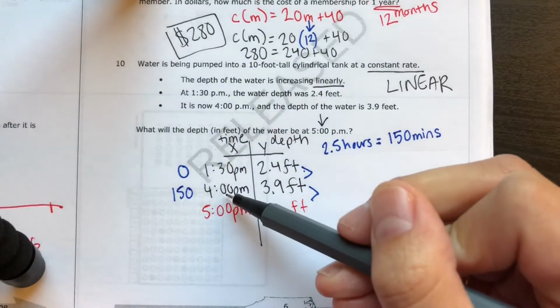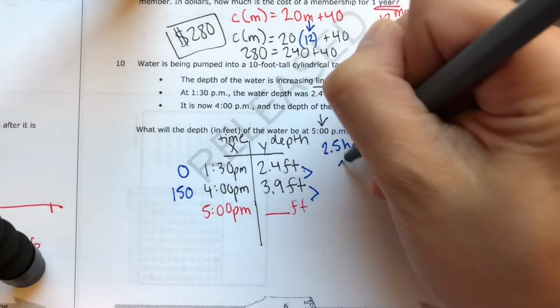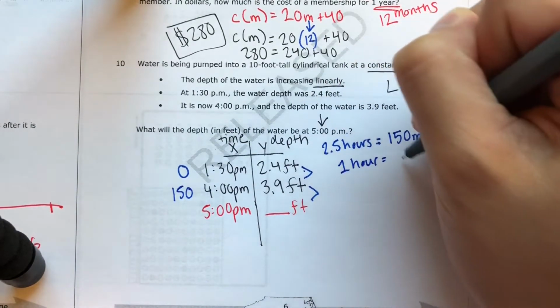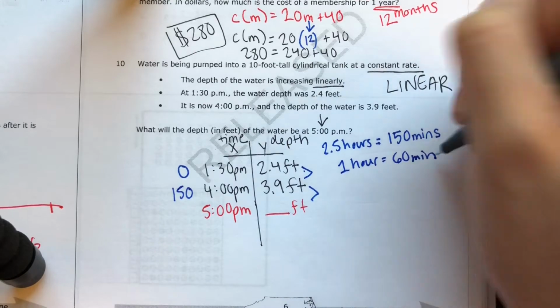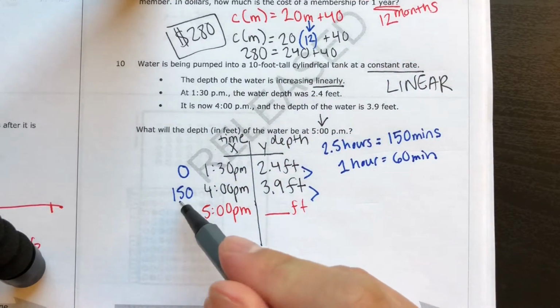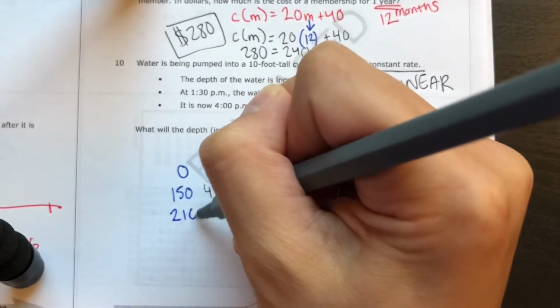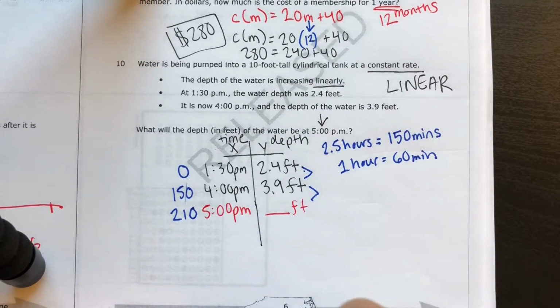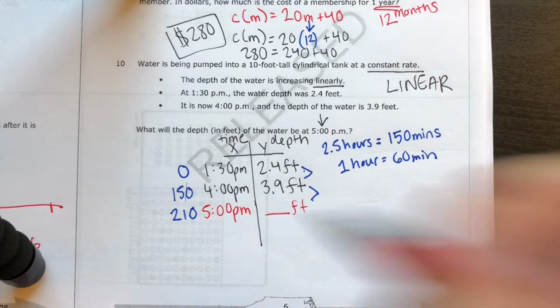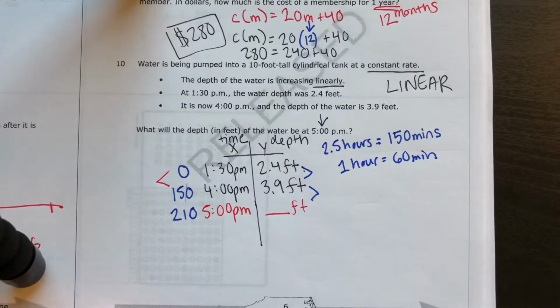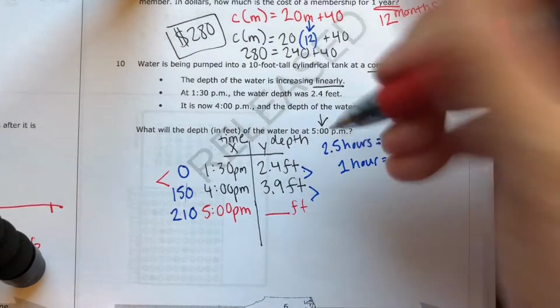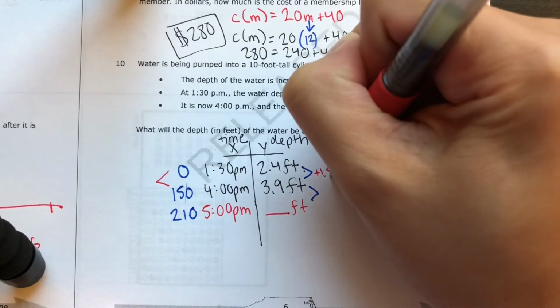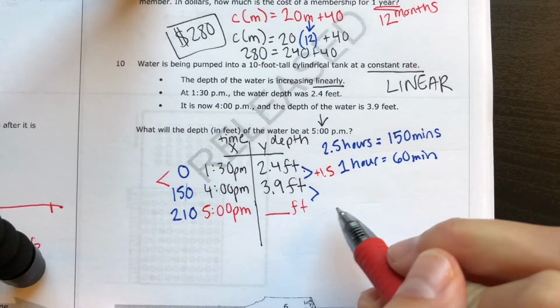Now to get from 4 to 5, that's 1 hour, which I know is 60 minutes. So I'm going to add 60 to 150 to get 210. So instead of using these units, I'm going to use these units in blue over here. Now I can figure out what my rate of change is. So from 2.4 to 3.9, that's plus 1.5, and this is what I'm looking for right here.